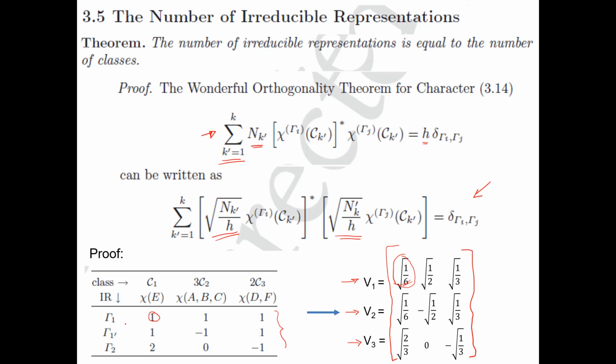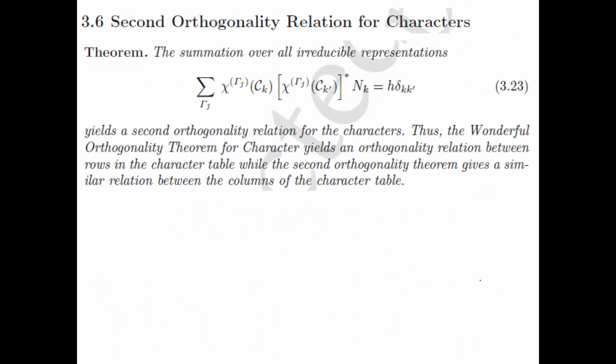And the number of rows is related, as I said, to the number of irreducible representations. So this is a very simple way to show that the number of irreducible representations is equal to the number of classes for any group. And this is a very important result too.